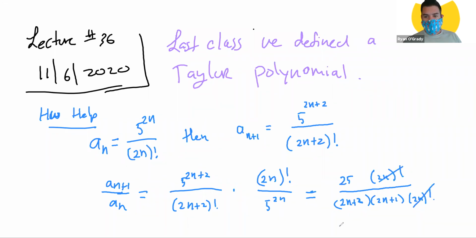What comes before 2n plus 2? 2n plus 1. Correct, that's why I went from here to here. And what comes before 2n plus 1 is just 2n, right? So now they cancel. You're still going to get this thing, which is 25, and you don't even have to multiply it out because it's degree 2. This is going to go to 0.